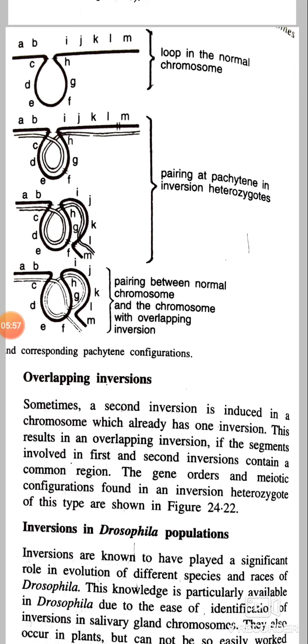So it all occurs during the Pachytene stage of meiosis I in plants or animals like Drosophila and others, and due to inversion there is a structural change in chromosomes.